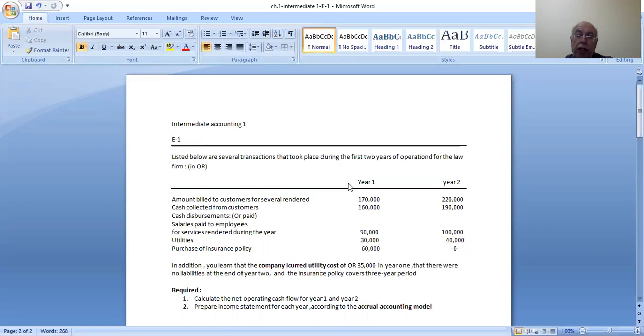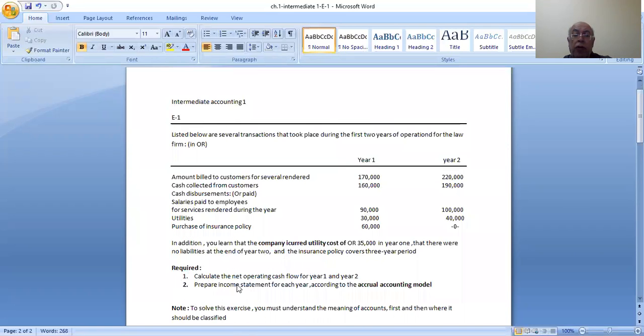That means starting at year 1, year 2, and year 3. The requirement here is to calculate net operating cash flow, and then prepare the income statement for year 1 and year 2, since we are applying the accrual accounting model.